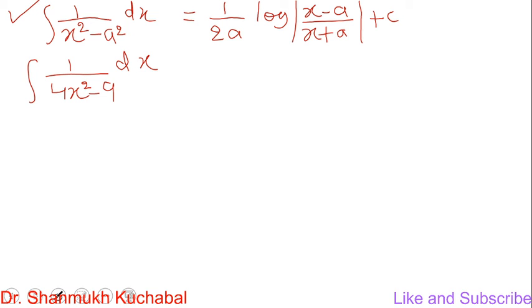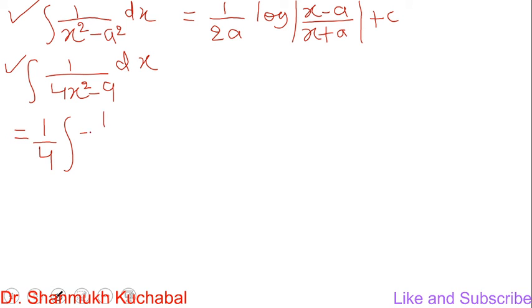We will observe that the x square coefficient is 1, but in this given example the x square coefficient is 4. So taking 4 common, we have to make the x square coefficient 1 here. Keeping that in mind, take 1 upon 4 as common here.